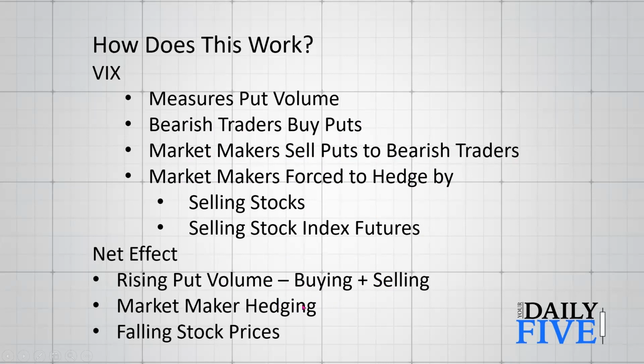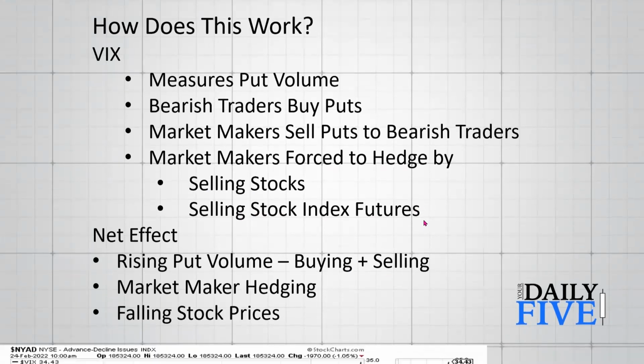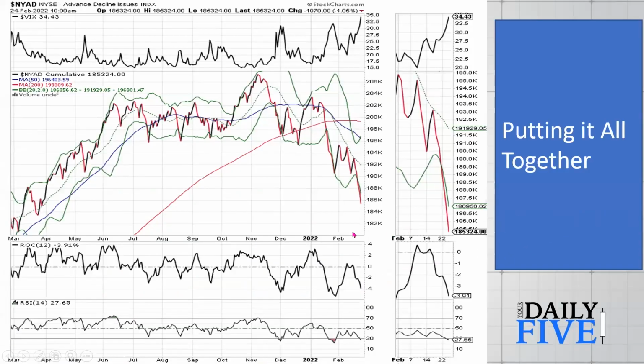And again, the market maker hedging that selling of puts, which causes them to sell stock and sell stock index futures to hedge, is what causes falling stock prices. So let's put this all together. Here's the CBOE Volatility Index. Here's the New York Stock Exchange Advanced Decline Line. You can see this clearly.